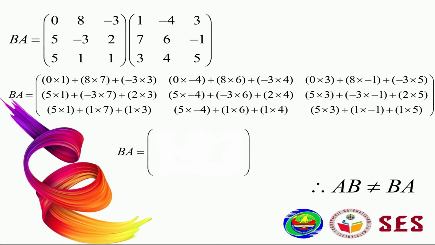Okay, next we can find B multiplied with A. I think you can pause the video and try to find the value of BA before you look at the answer.